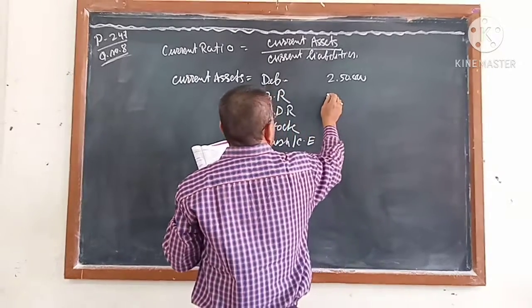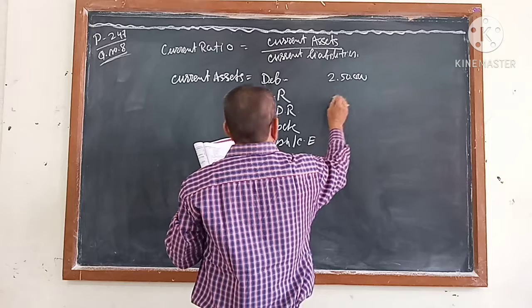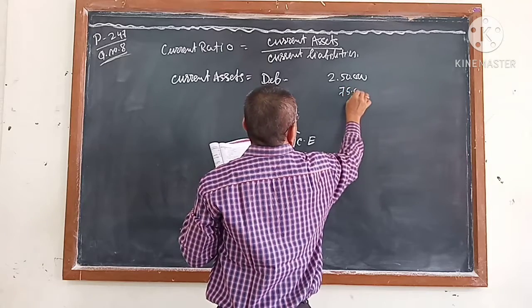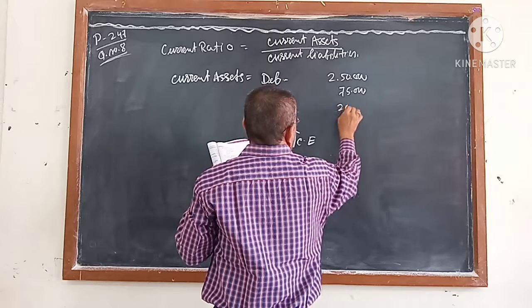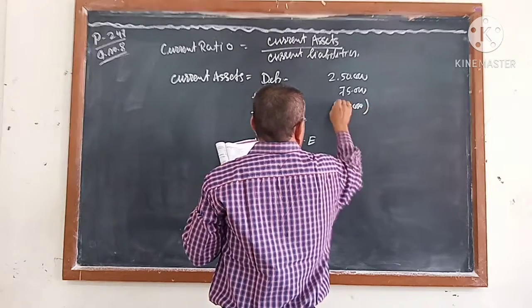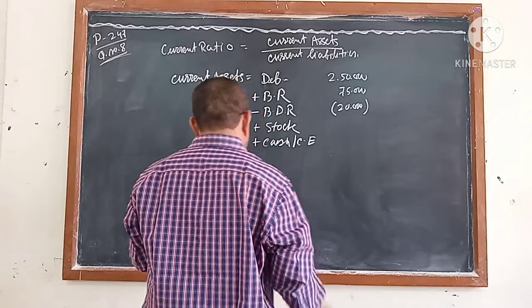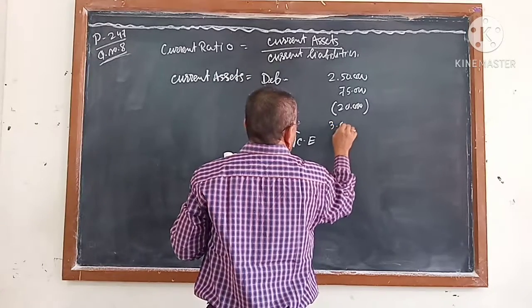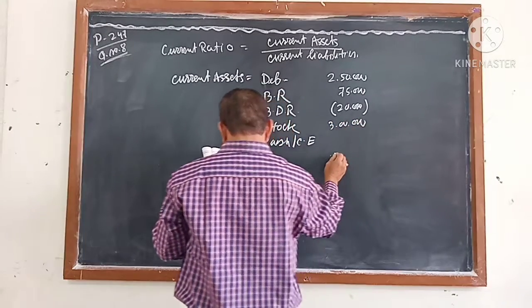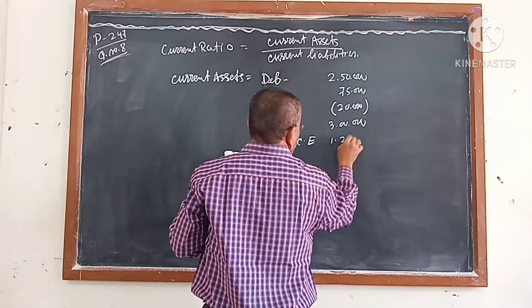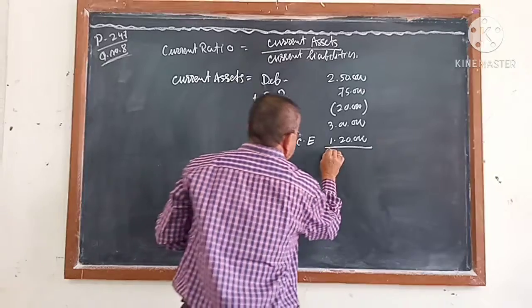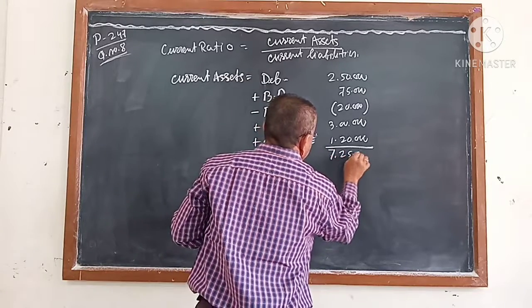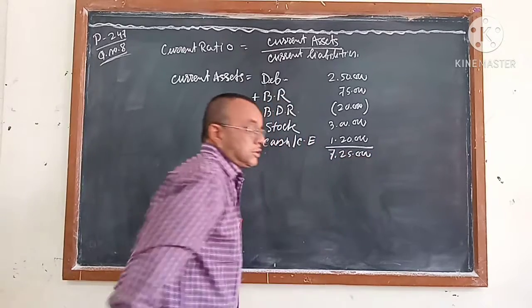Debtors 2,50,000, bills receivable 75,000, bad debt reserve 20,000. It will be minus, keep it in mind, it will be in brackets. Stock 3 lakh and cash equivalent 1,20,000. If you add it, you will get 7,25,000. This is your total current assets.